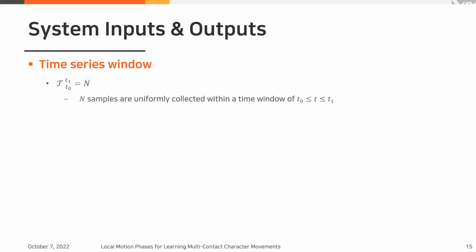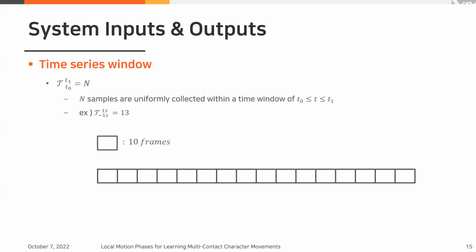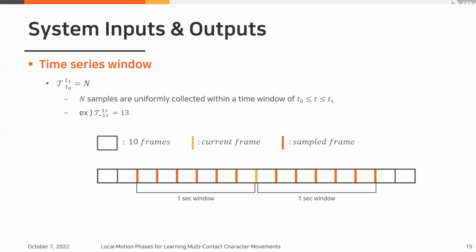For example, in this case, if the n is 13 and the time interval represents to be -1 second to 1 second, starting from the current frame, 6 samples are uniformly sampled from the past 1 second, and another 6 samples are collected from the future 1 second, making 13 samples in total.